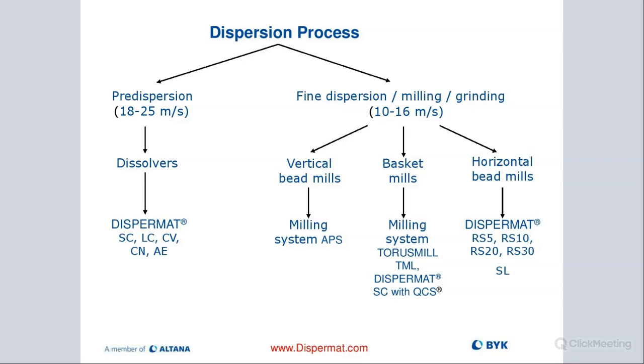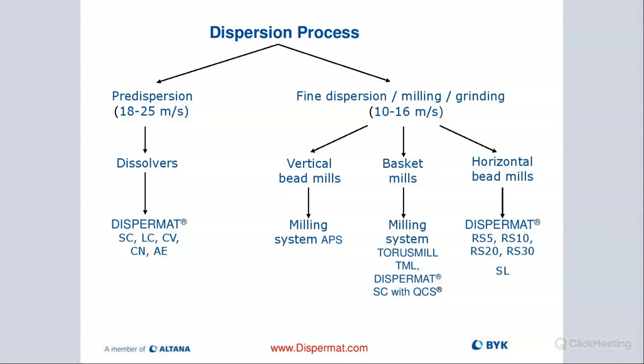So in the pre-dispersion process, it's important to remember always the tip speed is the critical value that we need to look at. How fast is our blade spinning? And we should be between 18 to 25 meters per second when we use a dissolver. And we have different types of Dispermats for that.